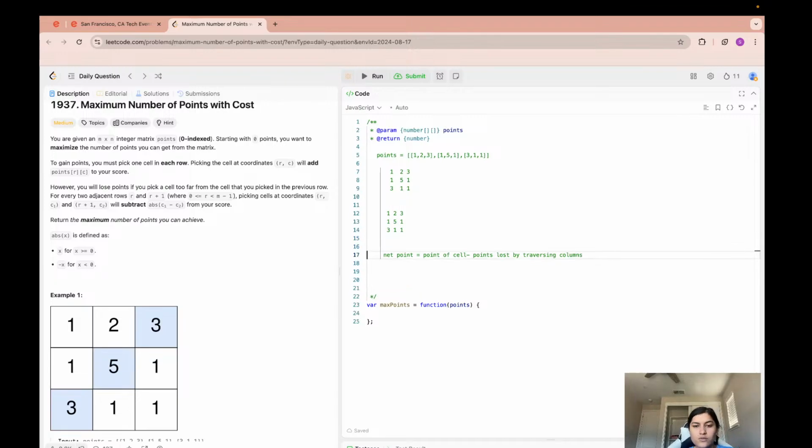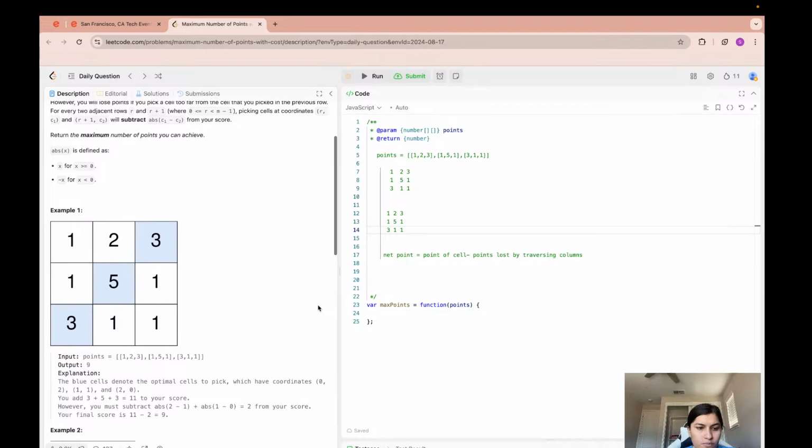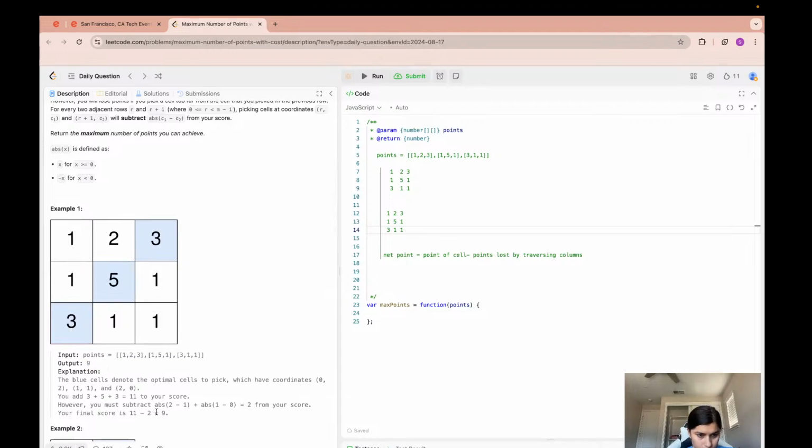Okay, so in this question, this is easy, right? This is 3, and this is 4, 5, 6, 7, and 8, 9, right? This is the point.